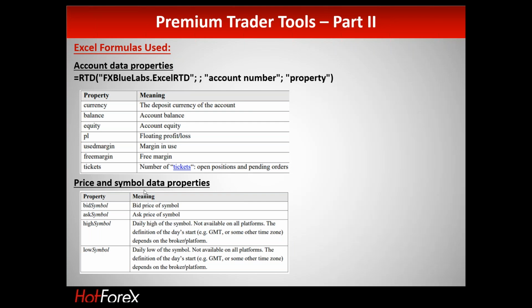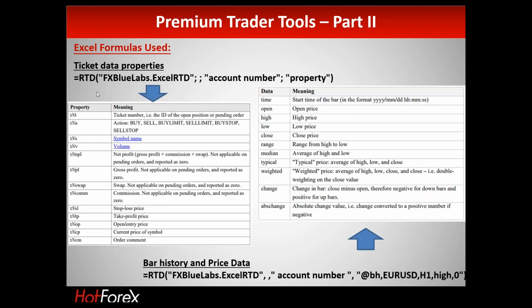Let's go back to our formulas. So you can have all this data that I mentioned, the account data. You can also have price and symbol data. So you can see the bid price, let's say for Euro USD. You can see the ask price, the high price, the low price. Also, you can see the ticket data.